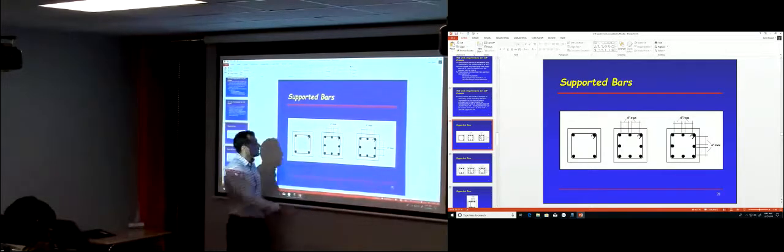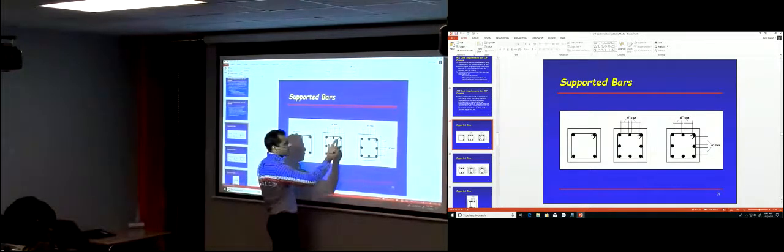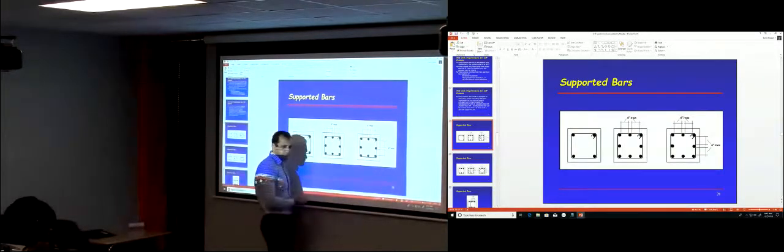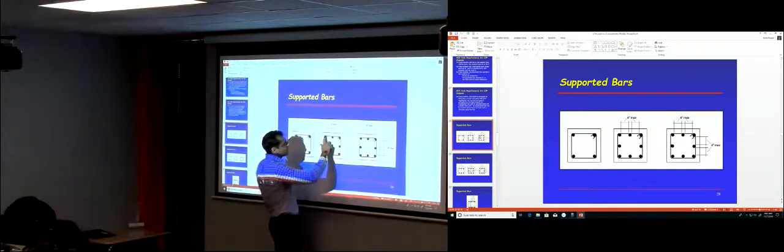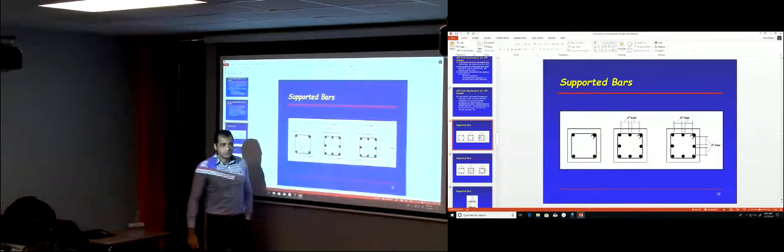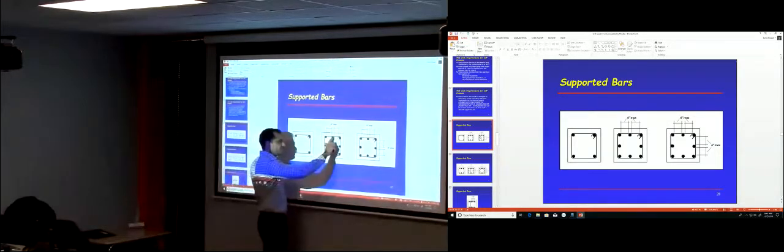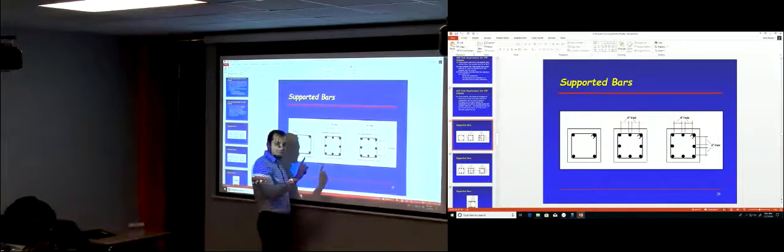So this bar here is not surrounded by a tie that goes by an angle that is less than 135 degrees. Is that allowed by the ACI code? Yes, as long as the distance between those 2 bars is less than 6 inches. So you don't need to provide a stirrup that goes around that bar. But this is only for every alternate bar.